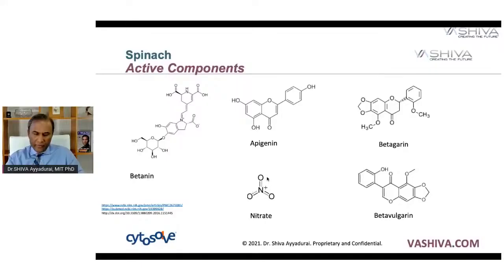Nitrate is nitrogen with the O's. And then you have betagarin and betavulgarin. Okay, so there's these what we call active components. So right now, what science has discovered is that out of all the many different compounds in spinach, these 5 compounds have been the most well-studied in terms of their activity for human biomolecular function.